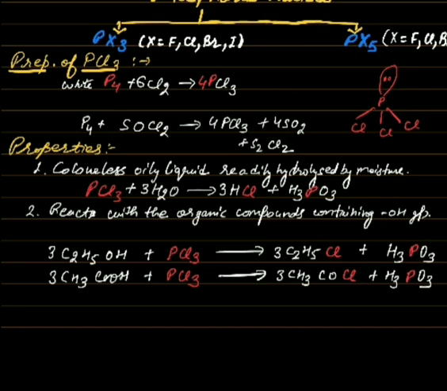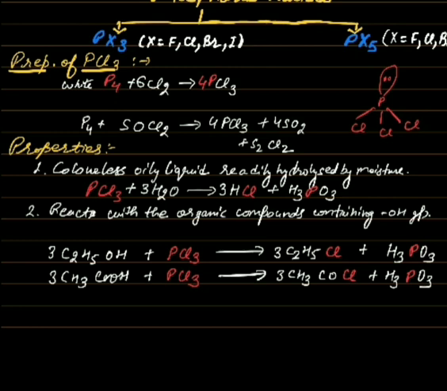Similarly, when acetic acid, which contains OH in the terminal part of the functional group, reacts with phosphorus trichloride, then it results in the formation of acetyl chloride along with the formation of phosphorus acid.